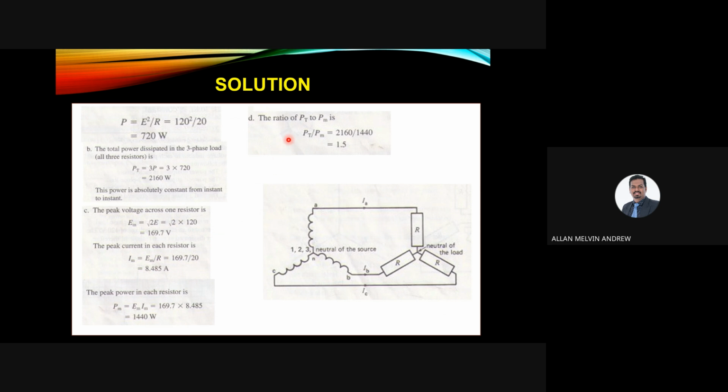Okay, so the ratio of PT to PM. PT is 2160, PM is 1440. So 2160 divided by 1440. So the ratio of PT to PM is 1.5. Okay, with this, I conclude part 1. Thank you.